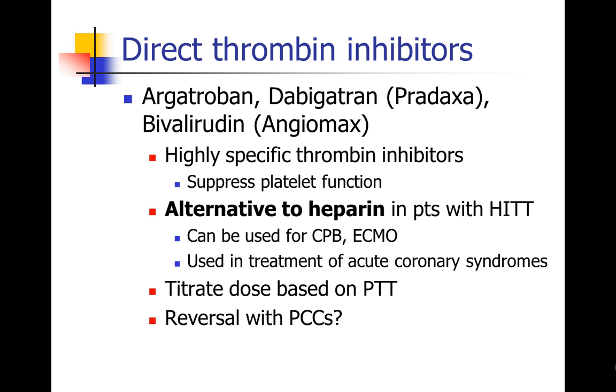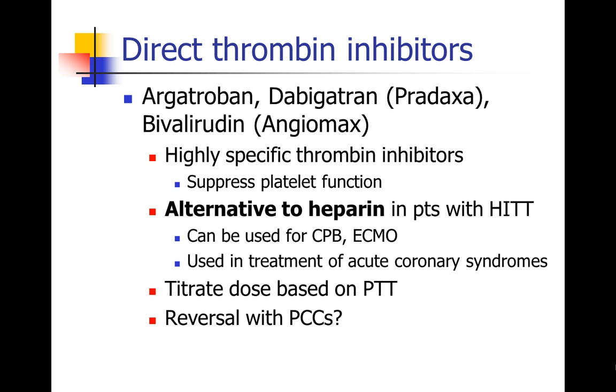These drugs can be a good alternative to heparin, and that might be useful if you have a patient with heparin-induced thrombocytopenia. It's been used for cardiopulmonary bypass and for ECMO. It's been used in treatment of acute coronary syndromes in these patients who can't have heparin. I've used it in the management intraoperatively of a patient who is having a carotid endarterectomy.